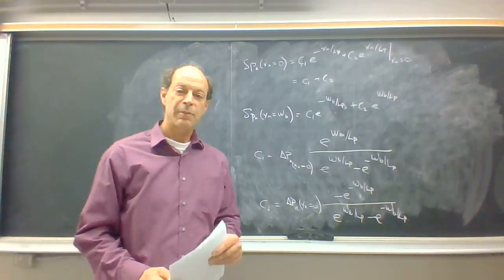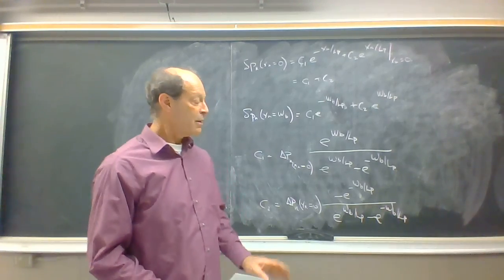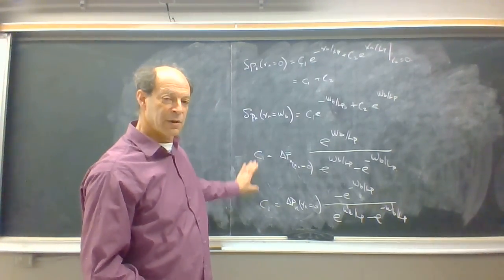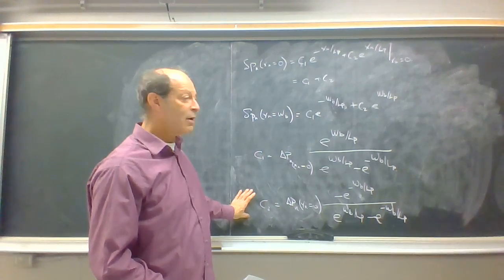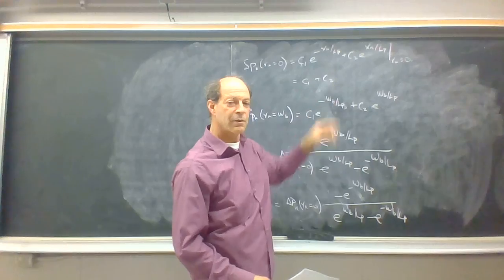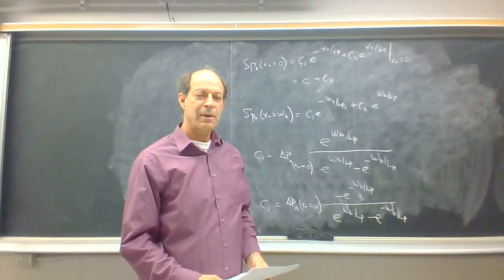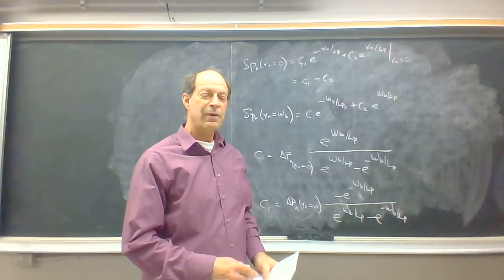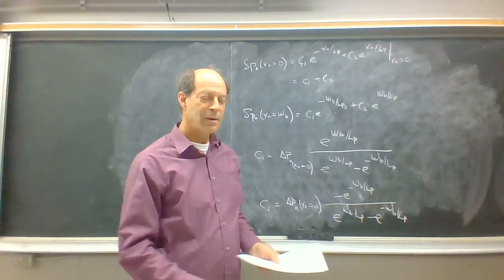So now things get a bit messy because we have to now substitute our values for C1 and C2 back into this diffusion equation, and then we can get the general solution for the carrier concentration within the base.